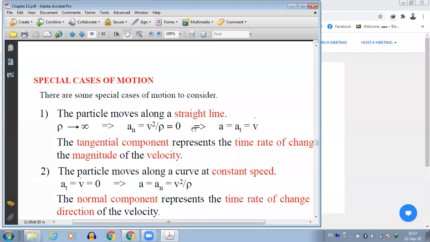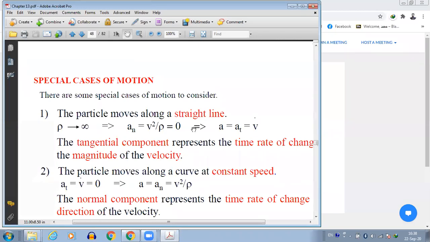Then let's see the second case. Suppose a particle moves along a curve at a constant speed. Constant speed means the magnitude of velocity is not changing, so there is no acceleration in the tangential component we are talking about. But the particle is moving along a curve, so the direction of velocity is changing.